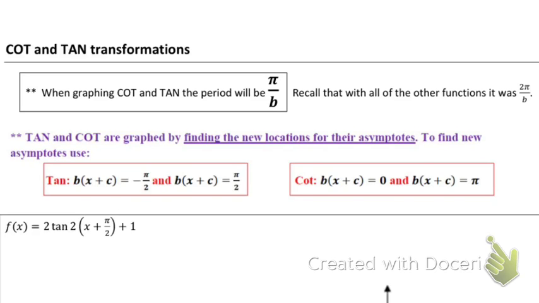When we graph these, we don't worry about the amplitude. The only thing we worry about that 2 is that it's positive. So when you're graphing these, the only thing you're worried about with the amplitude is whether it's positive or negative. Then we just put it up one. I think this is easier if we actually do an example.